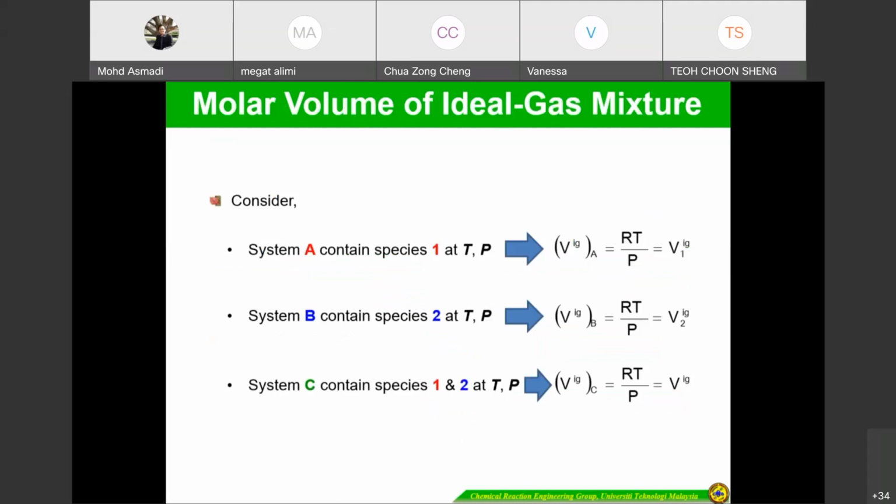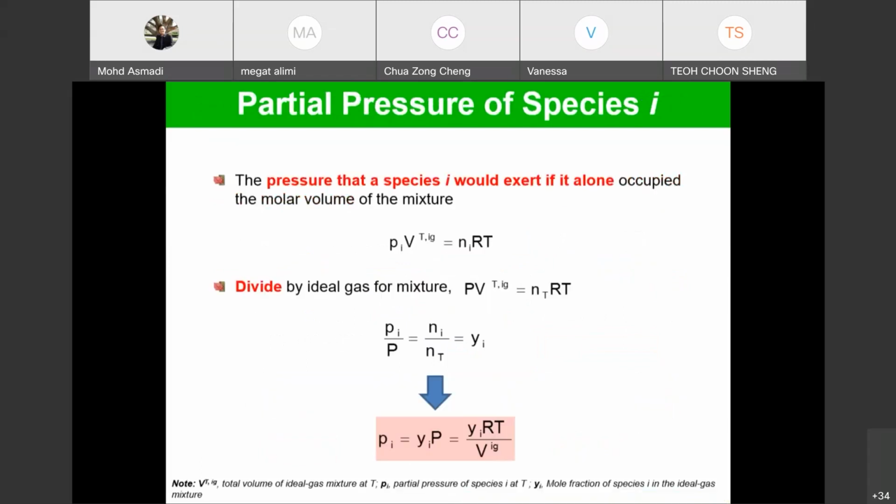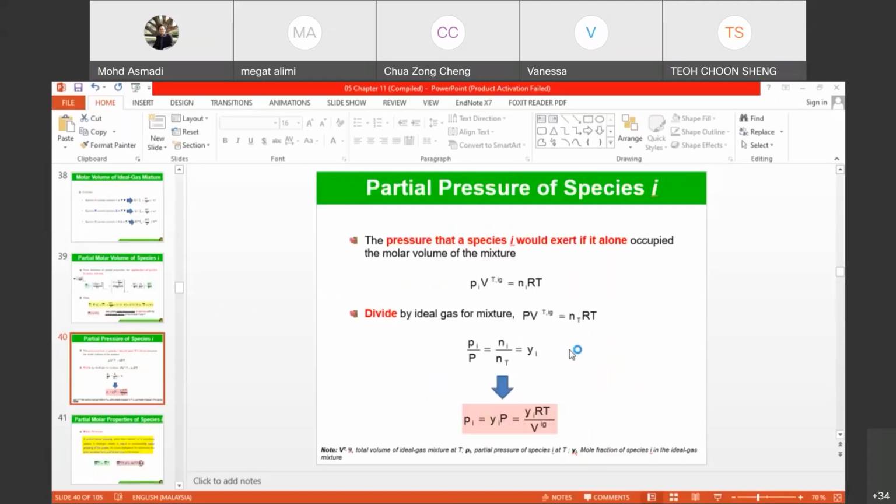So for an ideal gas mixture, if you remember, if you have n moles of the ideal gas mixture that occupy the total volume V^t at the temperature T, then PV equals nRT, right?